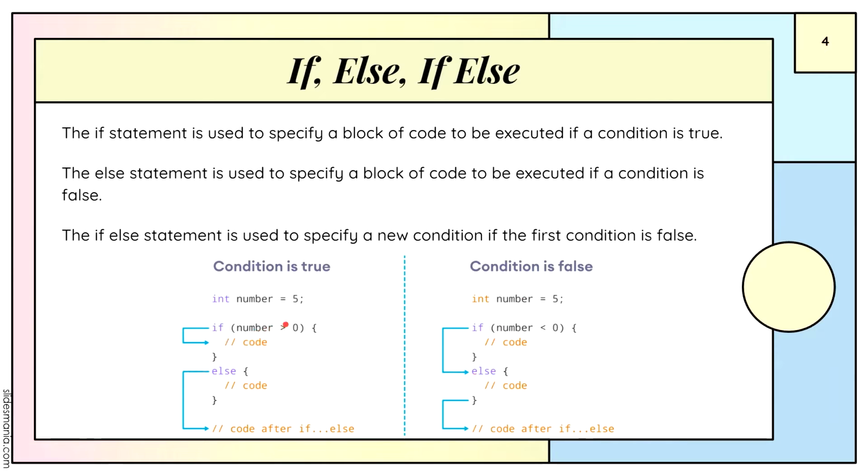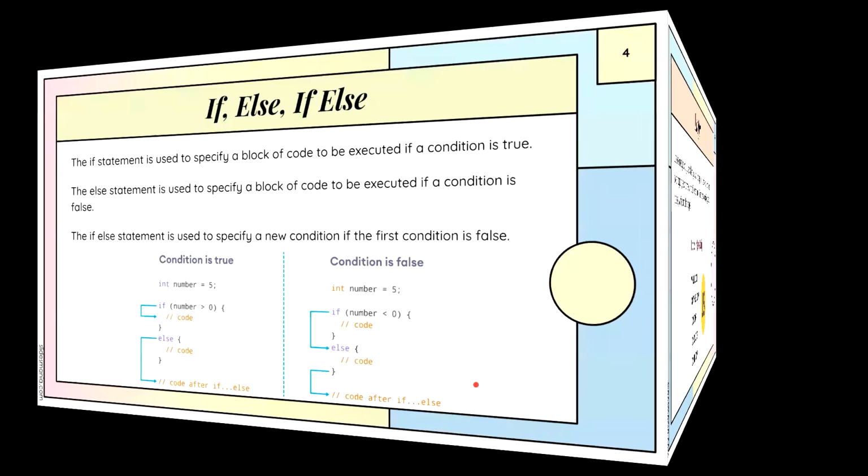You can kind of see the arrows. So this is the code we're actually doing. We're going to skip this part because the condition is true, so we're doing this code. And you can see in these arrows, the condition is false here, so our arrow is going to skip this code and go directly to this code. I hope that makes sense, and you'll see it more when we do the coding.